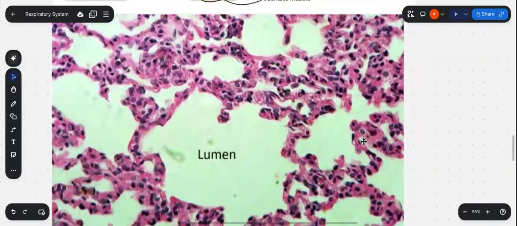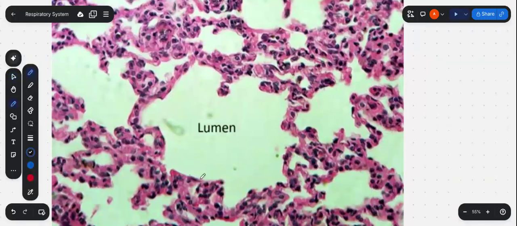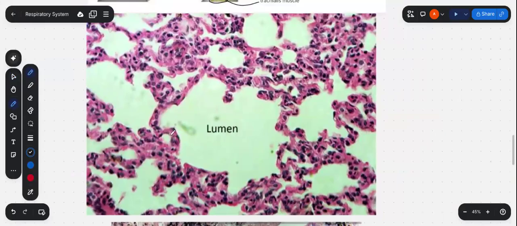All right, now we're going to go to histology. So, this is what lung tissue is supposed to look like. As you can see, the lumen is already labeled. Lumen is just going to be this white space that is in between all of the other tissue and in between the alveoli.